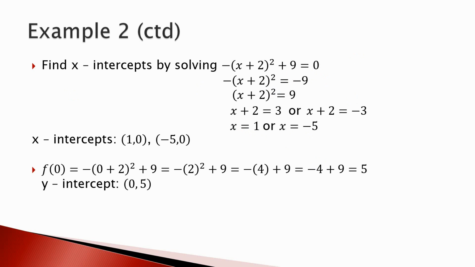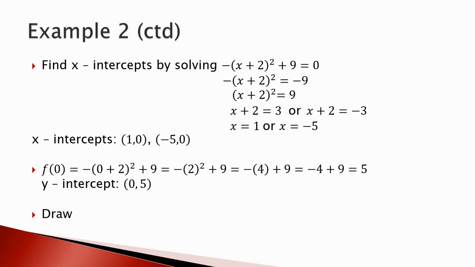For the y-intercept you just calculate f of 0. You plug in 0 for x, then 0 plus 2 is 2, 2 squared is 4, but you have a negative sign, so it's negative 4, and plus 9 gives negative 4 plus 9, which is 5.